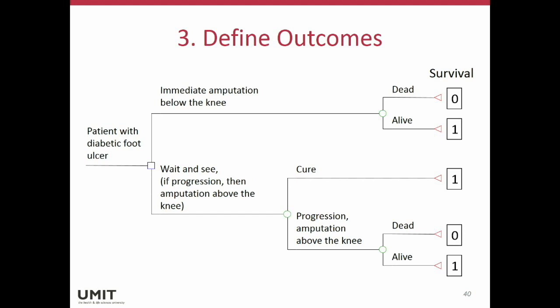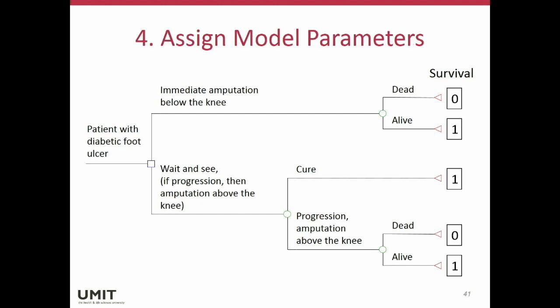So now I feed in the remaining parameters. In this case, it's the probabilities that these chance nodes happen, or that these events after the chance nodes happen. So what's the probability of dying in the upper branch? 1%. So I write in a 0.01. And what's the probability of being alive? 99. So that's an easy one.